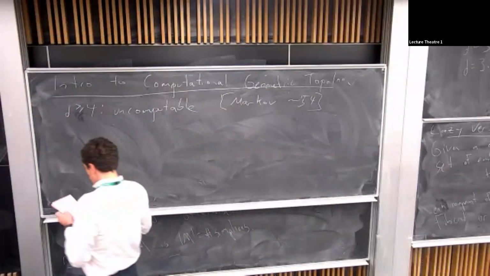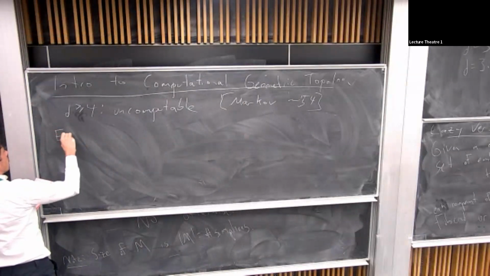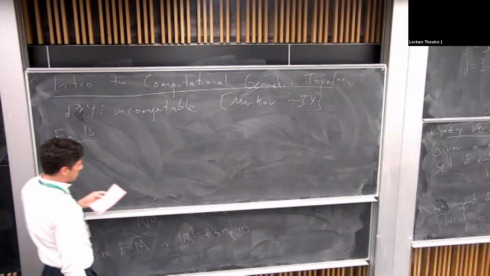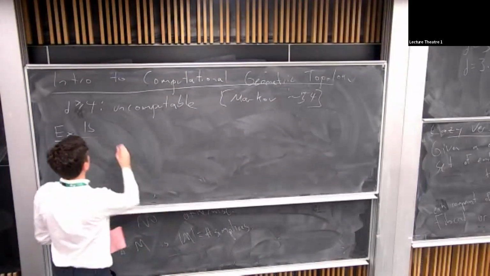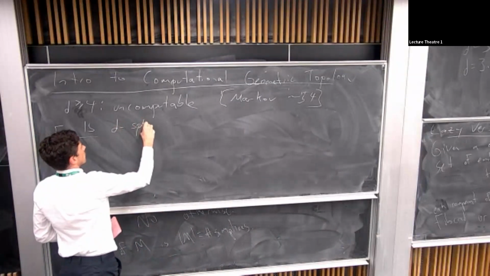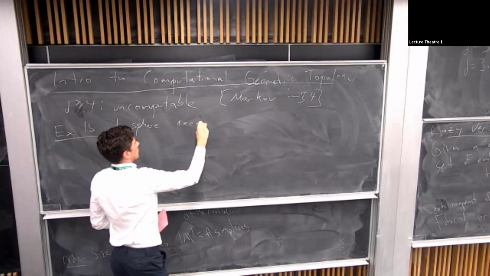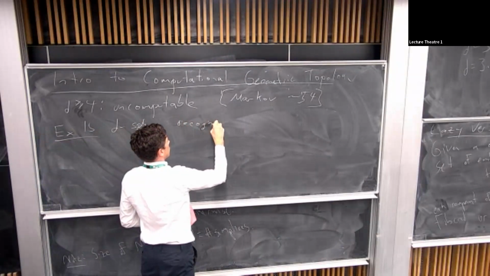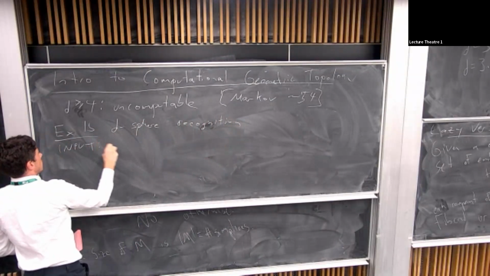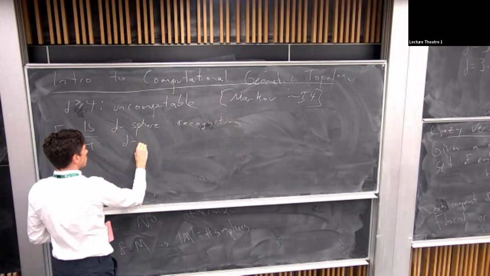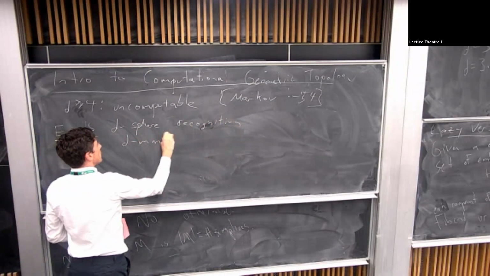Let me give a related problem, which is a special case. You might think of it as a special case of this problem. So this is D-sphere recognition. Here the input is a D-manifold. Everything's PL. So it's a single D-manifold, not a pair of them.